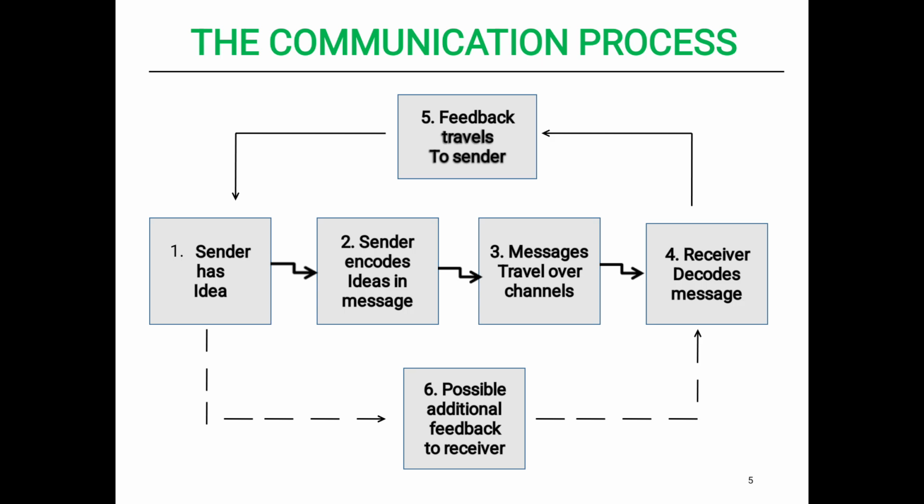Which channel, I mean, whether this message is going to happen online, on phone, in a face-to-face conversation, or through something written, for example letter writing. So this is a channel. In this step, the sender chooses a channel, and he sends the message towards the receiver. So the selection of the channel occurs at step 3.